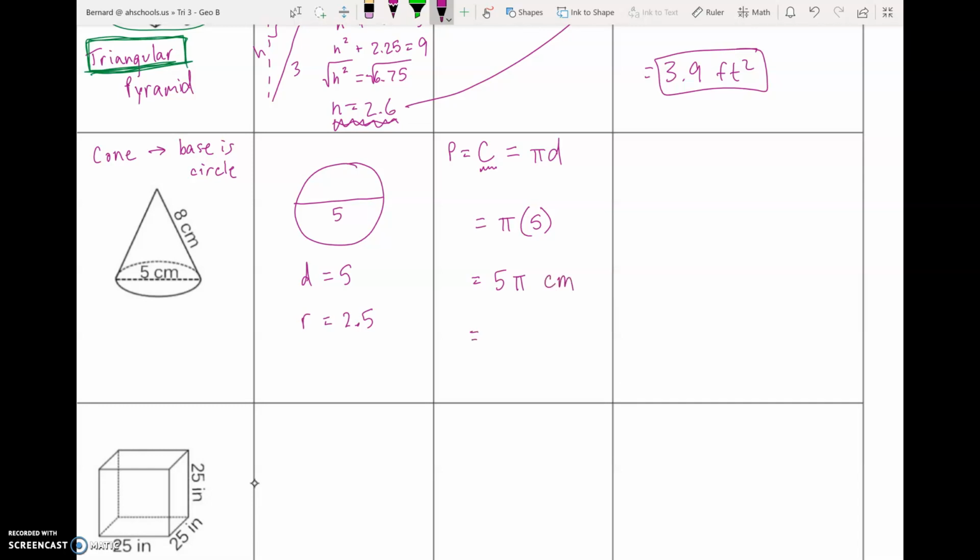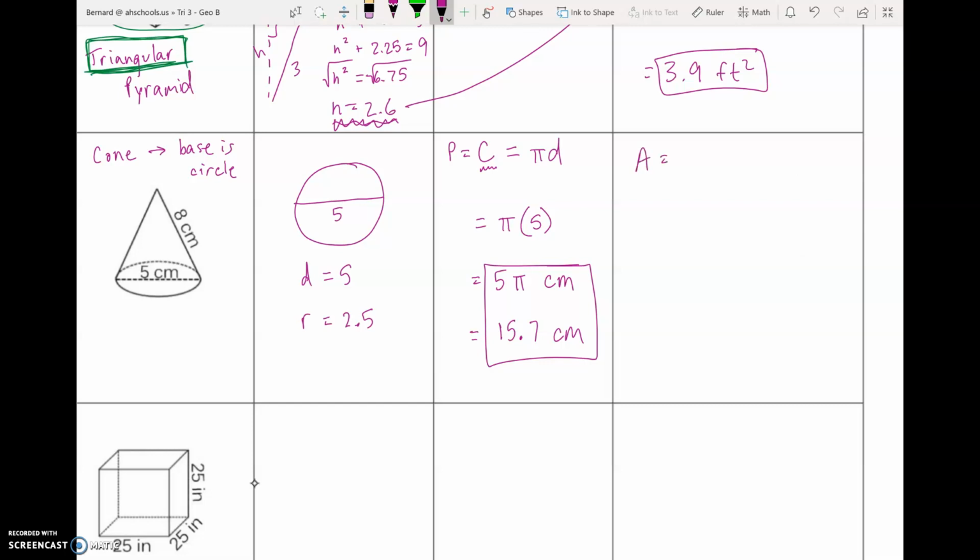And then if we type 5 pi into our calculator, that will tell us 15.7 roughly as well. And so we can write the perimeter of this circle as 5 pi centimeters or 15.7 centimeters, whatever one you prefer most, right?